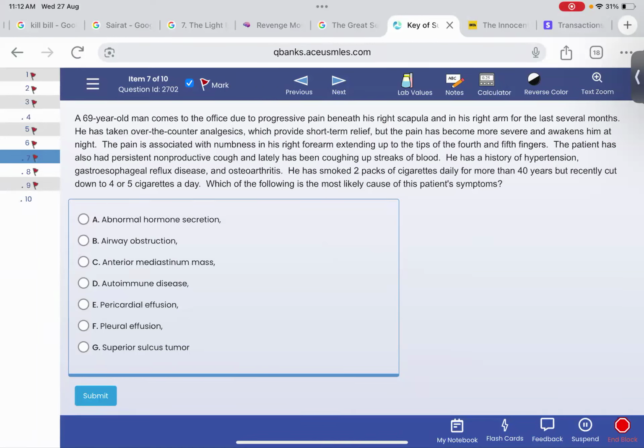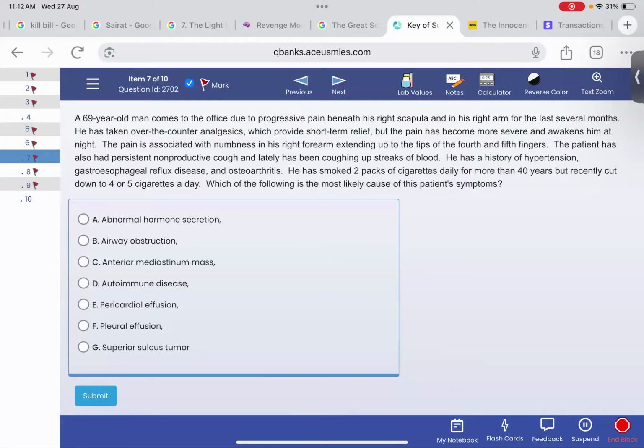Welcome. So, anyone? I'll read it. Yeah, go ahead. Which of the following is the most likely cause of this patient's symptoms? A 16-year-old man comes to the office due to progressive pain beneath his right scapula and in his right arm for the last several months. He has taken over-the-counter analgesics, which provide short-term relief, but the pain has become more severe and awakens him at night.